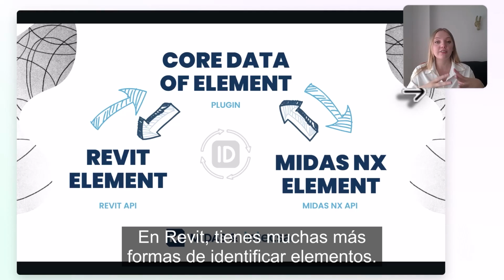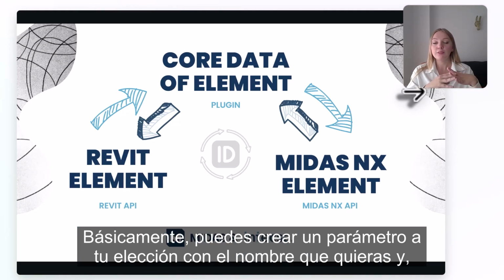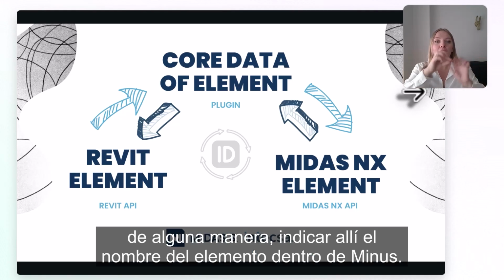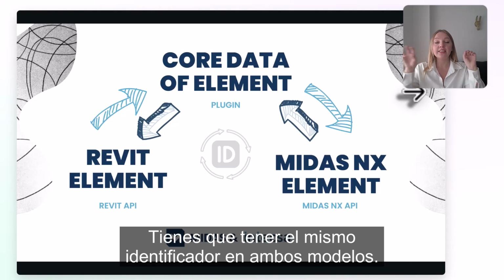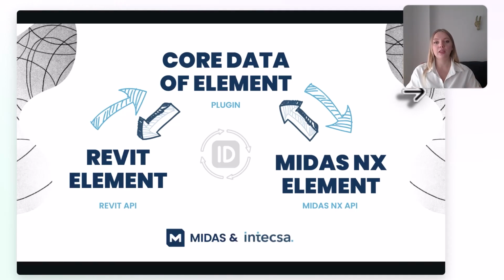You basically can just create a parameter of your choice with the name of your choice, and somehow state there the name of the element inside of MIDAS. But the most important thing is that you have to have this information shared. You have to have the same identificator in both models.